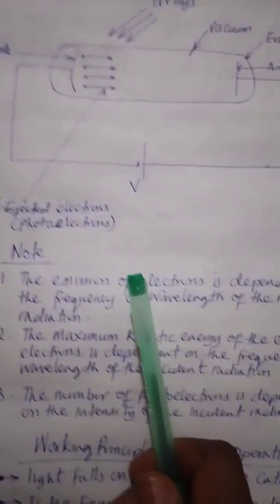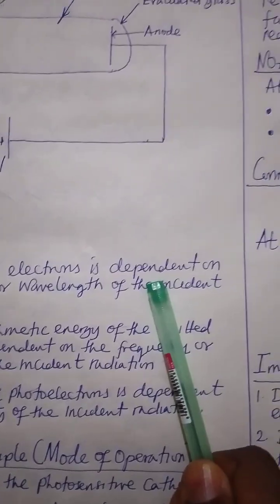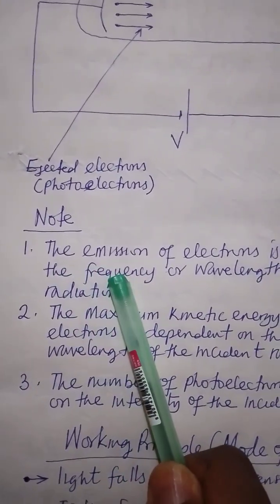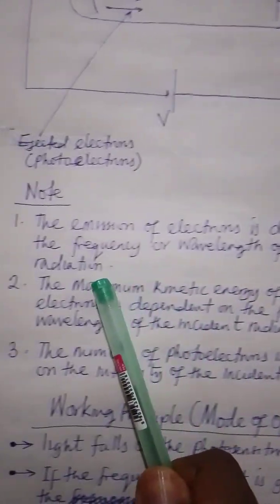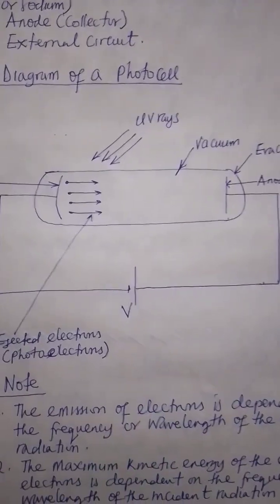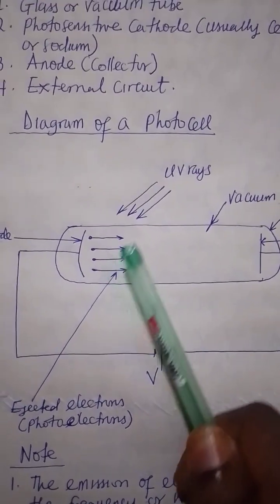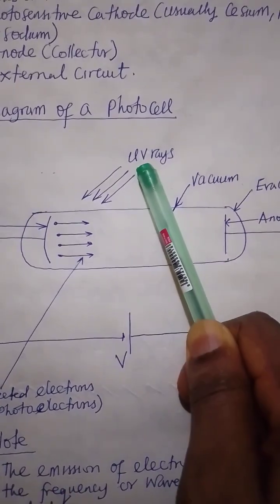We need to note certain things. Number 1, the emission of electrons is dependent on the frequency or wavelength of the incident radiation. That is, the emission of these photoelectrons depends on the frequency or wavelength of the UV rays.